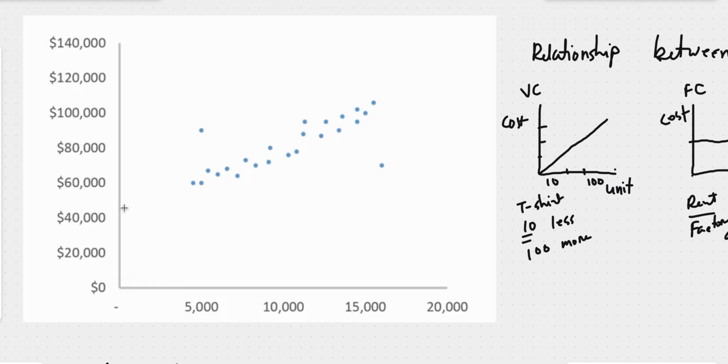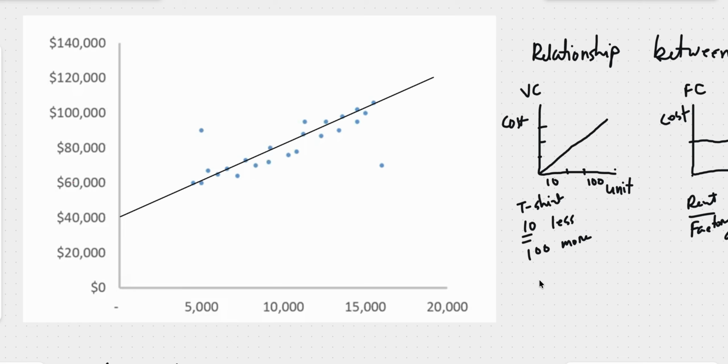Now, we need to draw. The first thing you do is you draw a straight line. So our straight line will start from, and when I draw a line, you will automatically understand what type of cost this is.